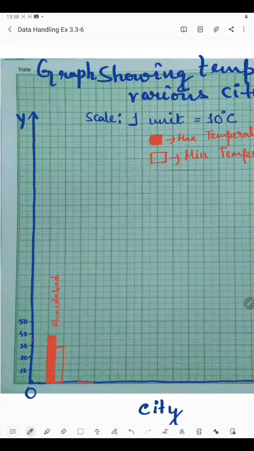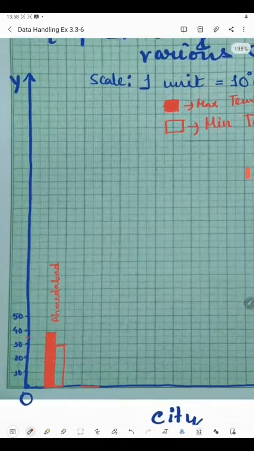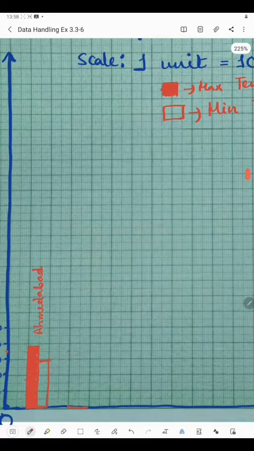That means this middle line represents 35. So 2 box more than this, so it will be up to this. So up to this is showing 37 degrees Celsius in Amritsar. We'll have to shade it, as this shaded box represents maximum temperature of the city.